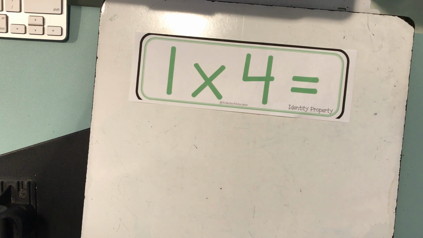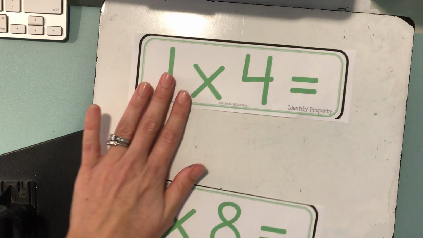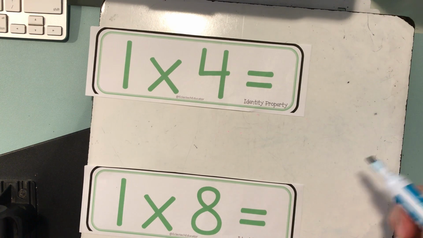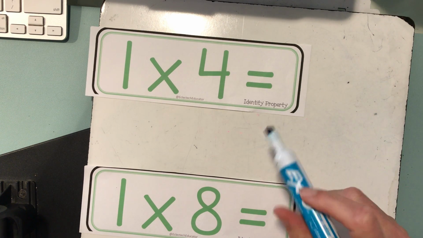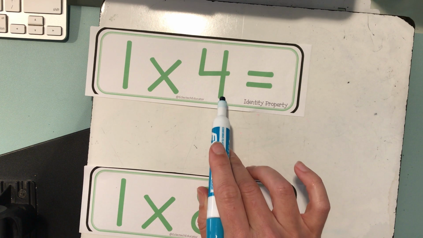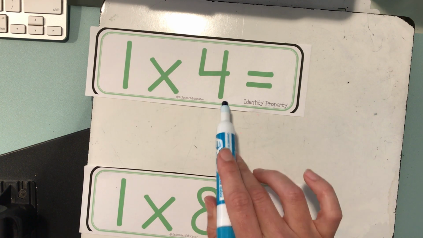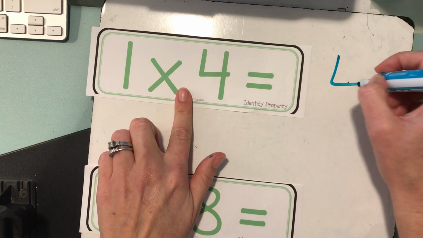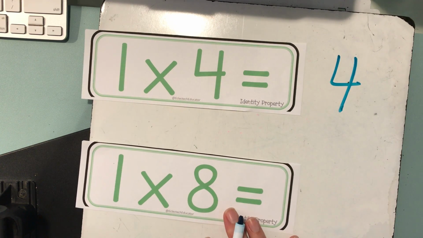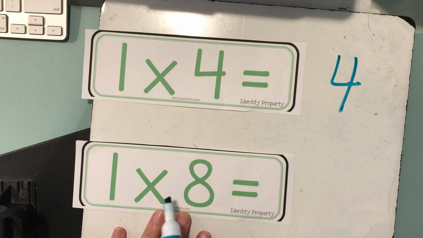Okay, so let's look at some ones here. I have 1 times 4 and I have 1 times 8. So I know that my factor here, 4, is not going to change. 1 times 4 equals 4. Now I'm going to look at this bottom one. 1 times 8.